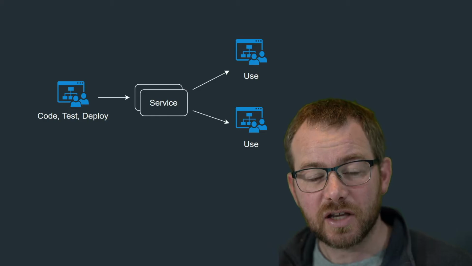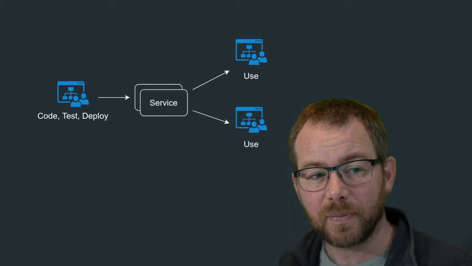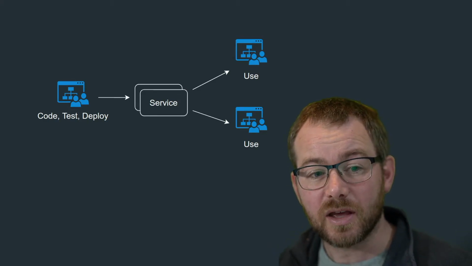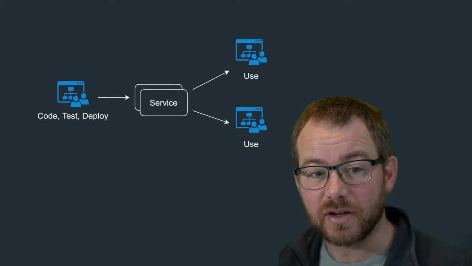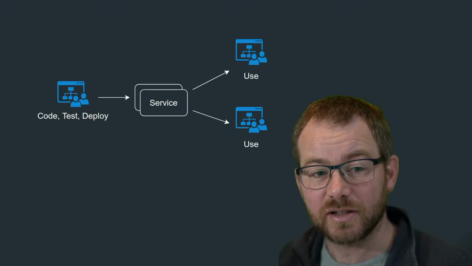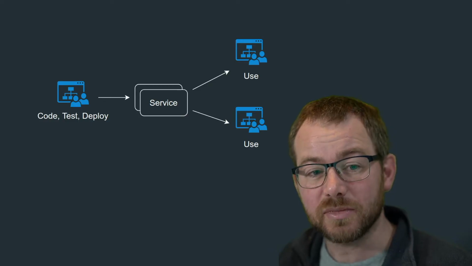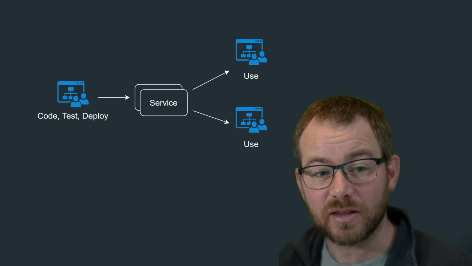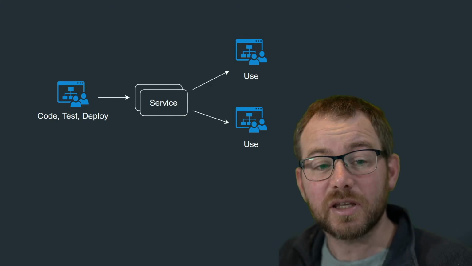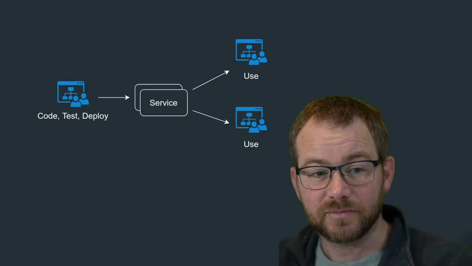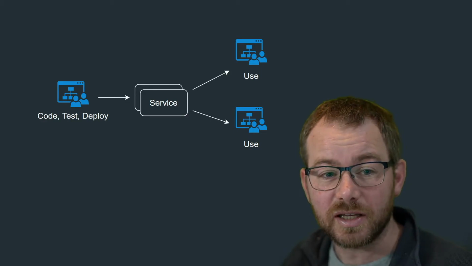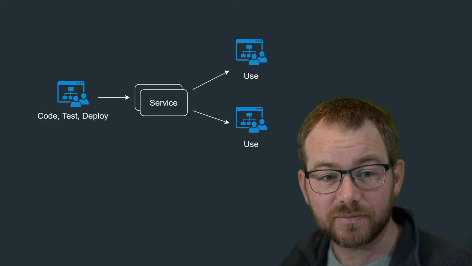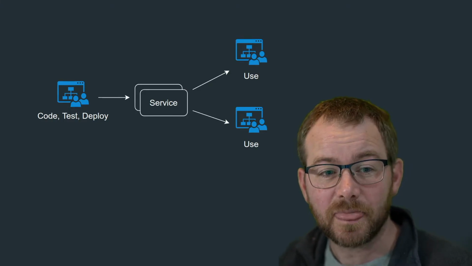In a shared service, you have a single team on the left there that owns the service, builds the service, tests the service, and deploys the service. And all the other teams that this is shared with simply use the service. This might be, for example, a data API that's distributing bet prices, market prices.